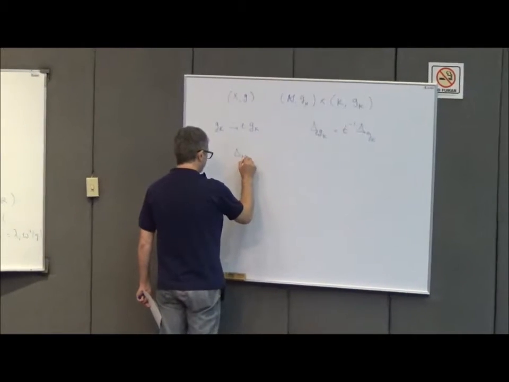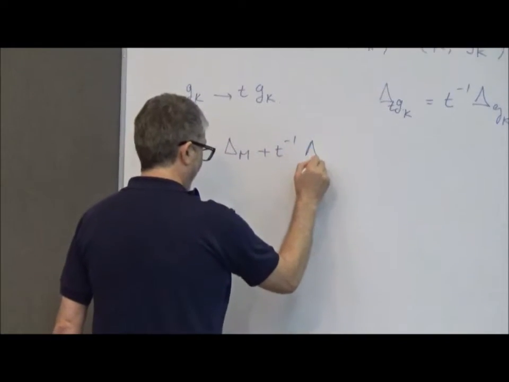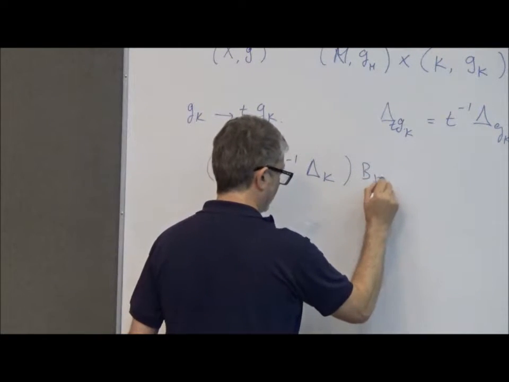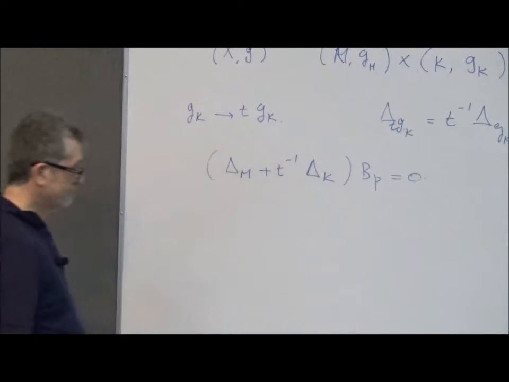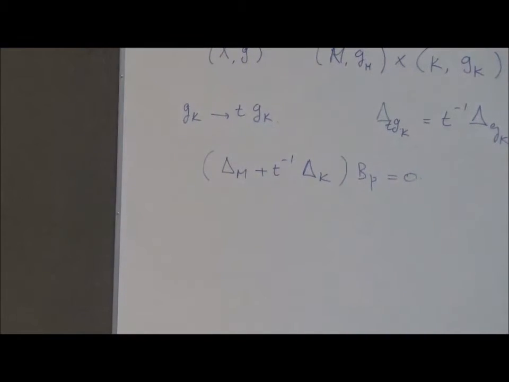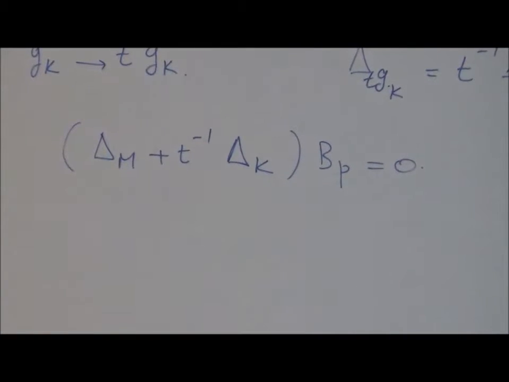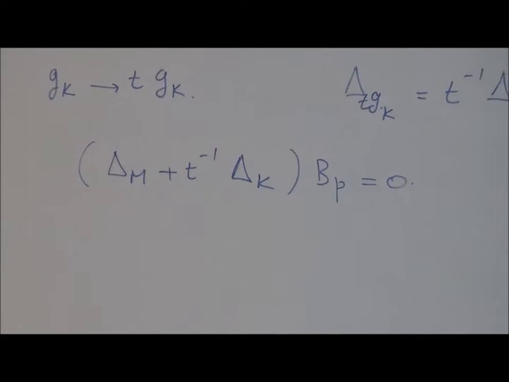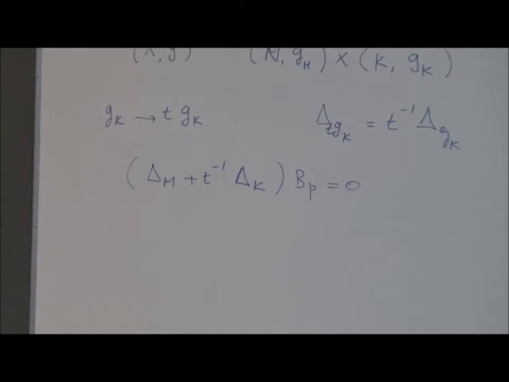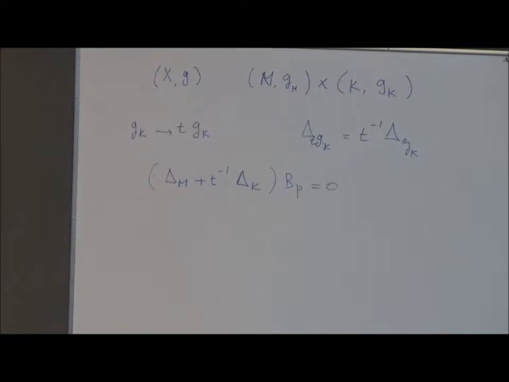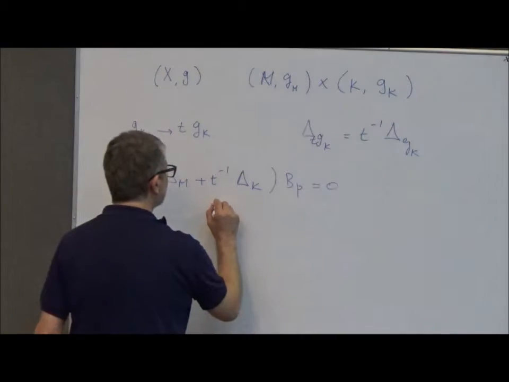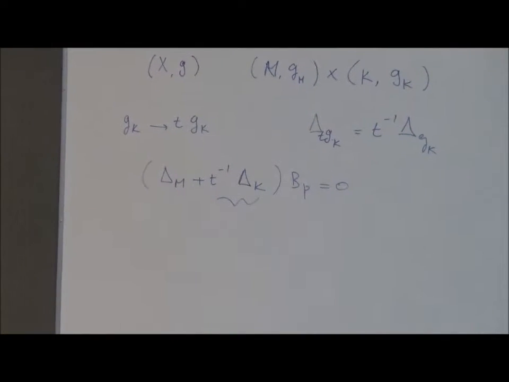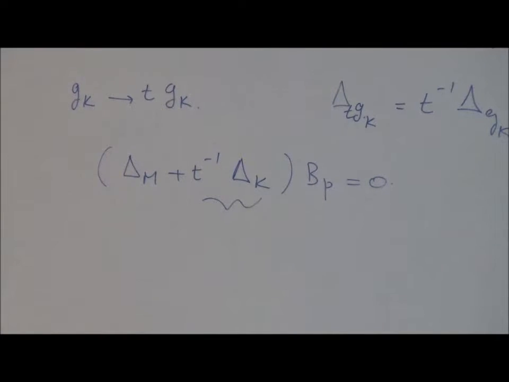So we're looking for that. And as t goes to infinity, what happens? Nothing. It's terrible. As t goes to 0, what happens? Remember this is now a mass. As far as m is concerned, this is a mass operator, mass squared operator.